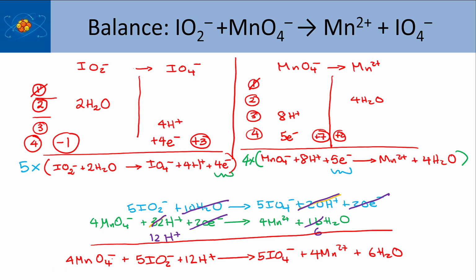And then 4 plus 5 is 9 negative, but 12 plus makes it plus 3 on the left side. So it turns out that you can do a charge balance, and you should check that on your own. I went through it fairly quickly on the charge balance. You should check that on your own so that you can agree with me on that. Or tell me I'm wrong in chat, or text me and let me know I'm wrong.